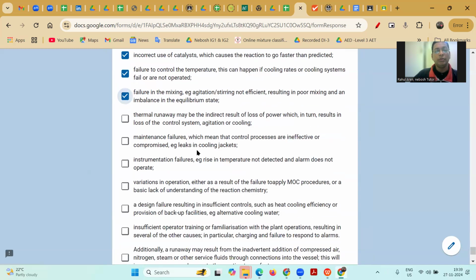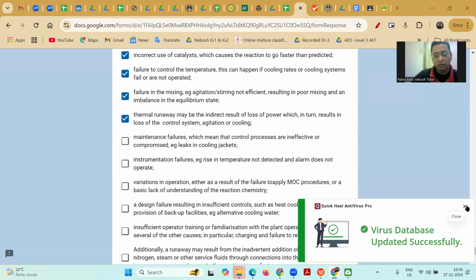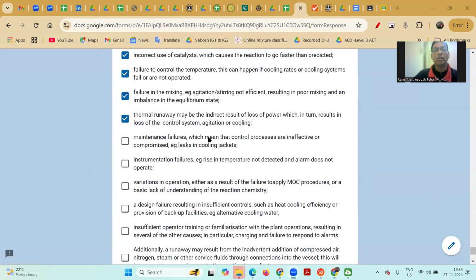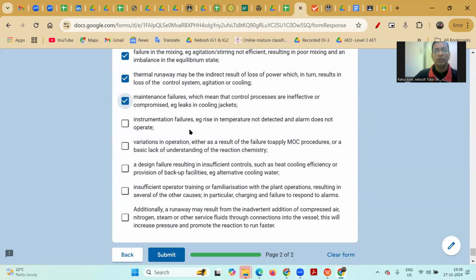The thermal runaway may be the indirect result of loss of power, which in turn results in the loss of the control system, agitation or cooling. Then maintenance failure, which means the control processes are ineffective or compromised, like leaks in the cooling jackets. That is also correct. Then instrumentation failure, like a rise in temperature not detected and the alarm does not operate.